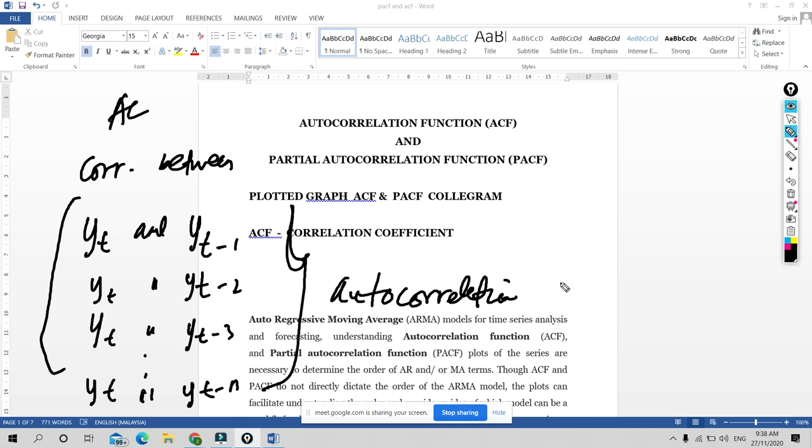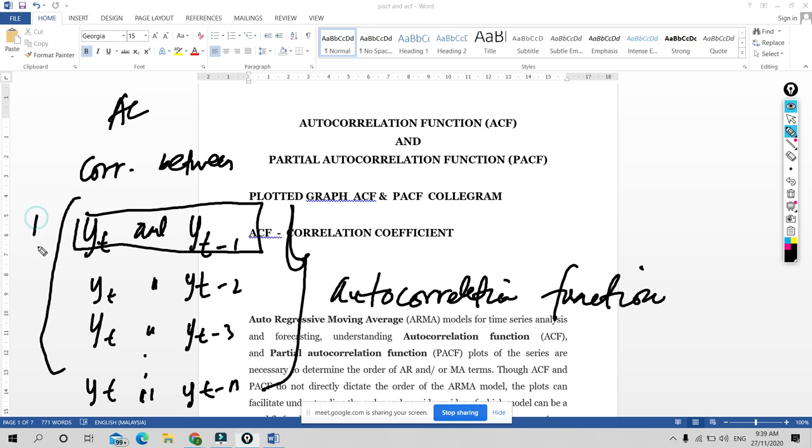I stick with y, so that you will not be confused on this term. The PACF is just a coefficient between.